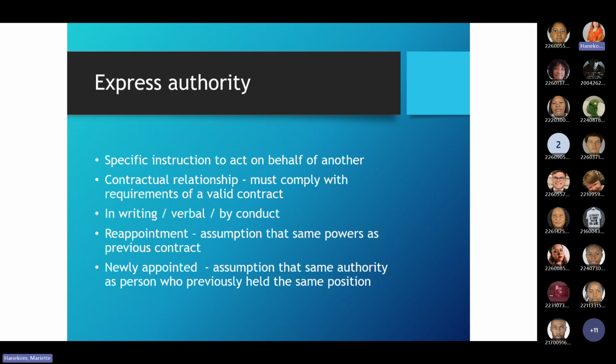When I gave her this instruction, a contractual relationship arose between me and Jane. By appointing somebody as my agent, I enter into a contract with them.